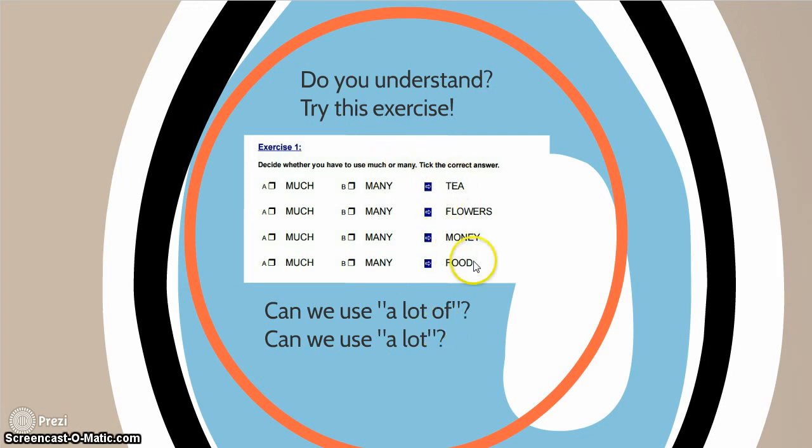So say if these nouns are countable or uncountable. Now answer these questions. Can we use a lot of? Can we use a lot of tea? A lot of flowers? A lot of money? A lot of food? And can we use a lot? Can we say a lot tea, a lot flowers, a lot money, a lot food? Yes or no?